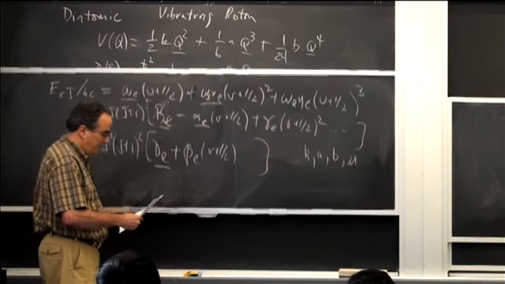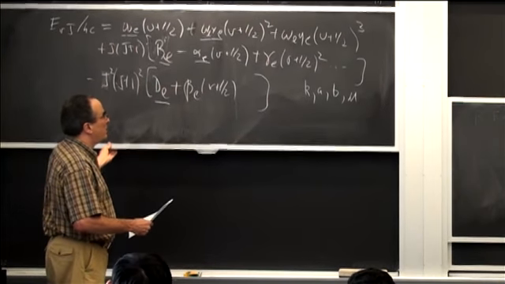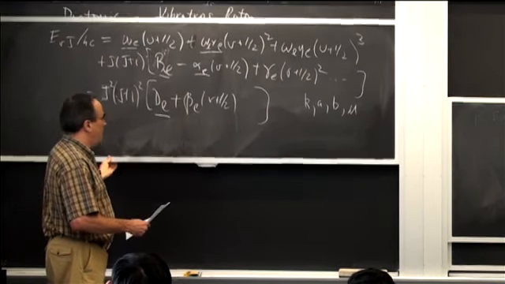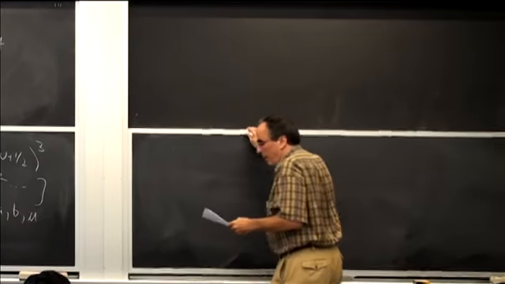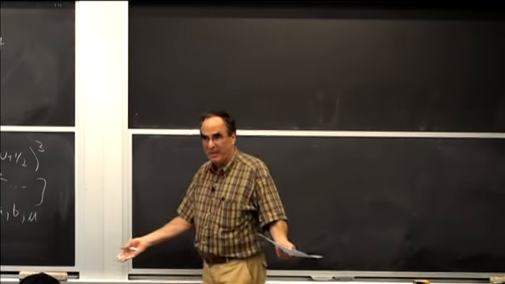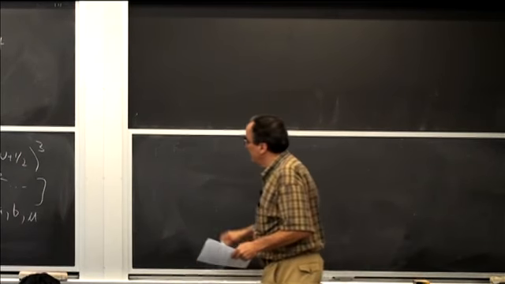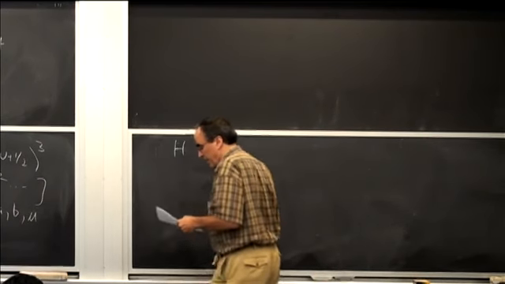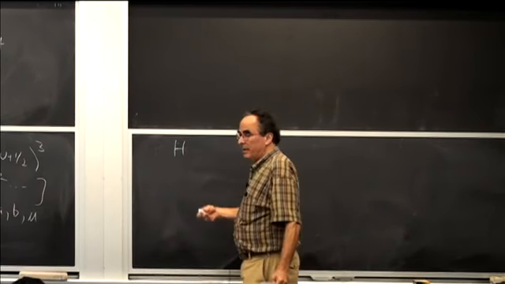Okay, so let me go to the other board. So what do we do? How do we use perturbation theory? Now this is really a lengthy review of what we did last time, but it's still better to see it. We expanded the Hamiltonian into a zero-order part and a perturbation part.